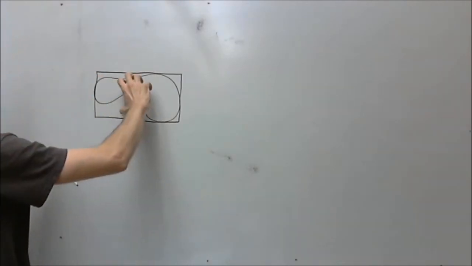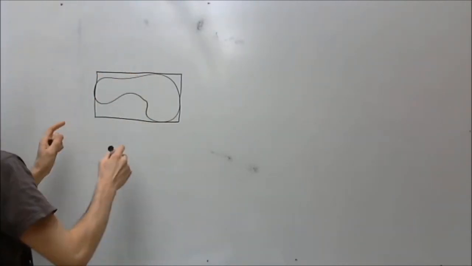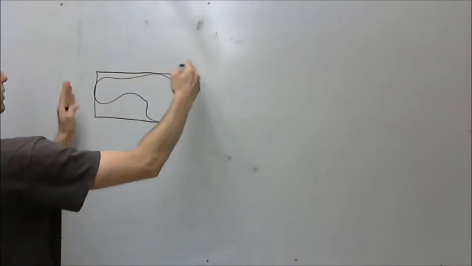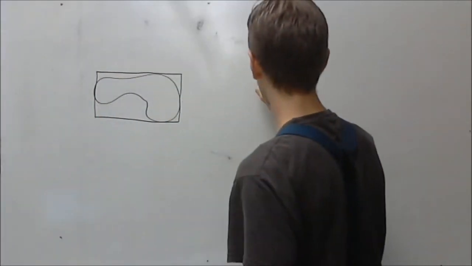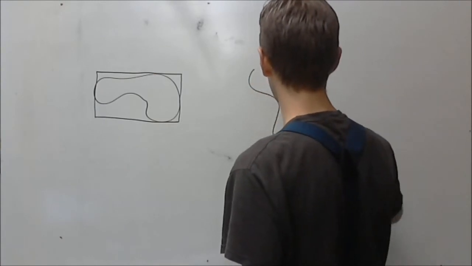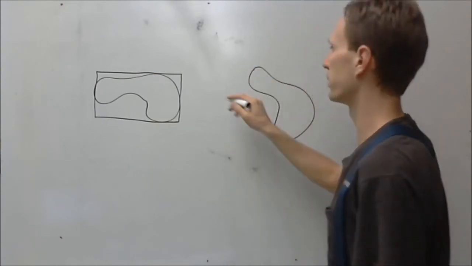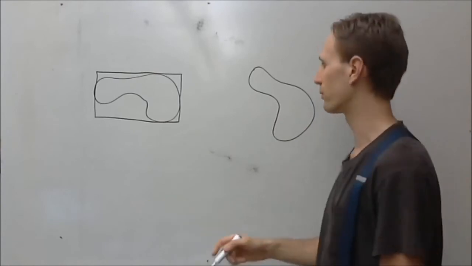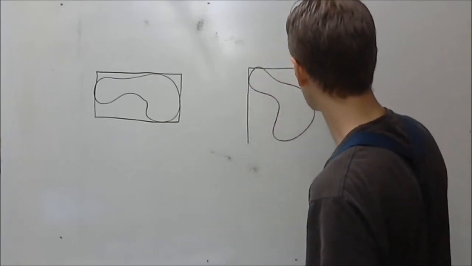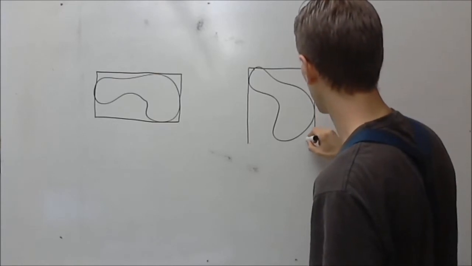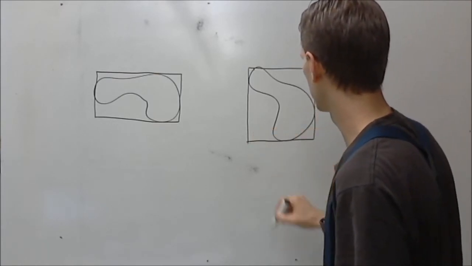So that as I rotate this, the rectangle makes an adjustment on the fly. When it reaches here, the rectangle changes, and it looks like that, right?